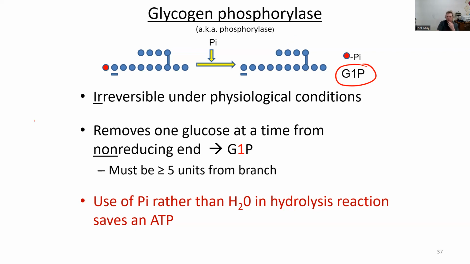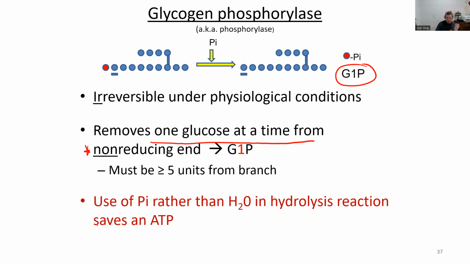What it is looking for is a straight chain, and what it's going to do is remove one glucose at a time from a non-reducing end. It's going to be able to cleave off glucose molecule after glucose molecule until it reaches a point where it's within basically 5 glucose subunits of a branch point.